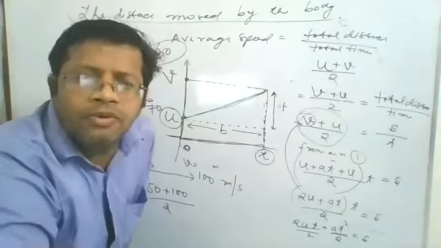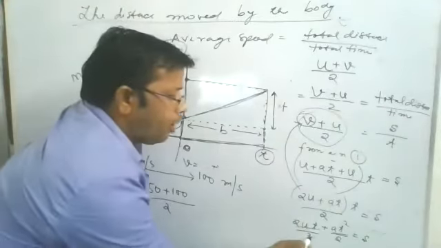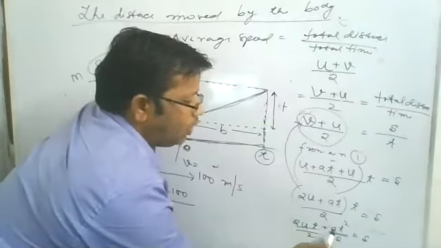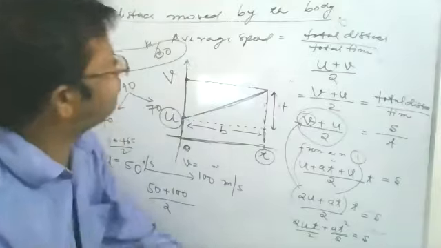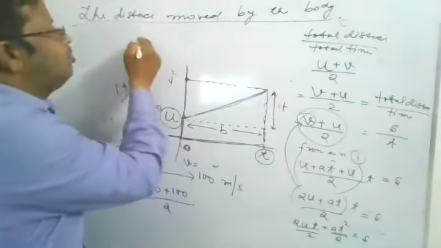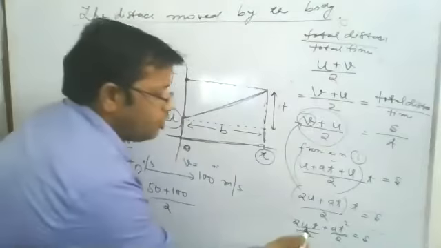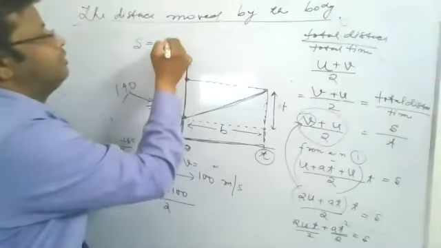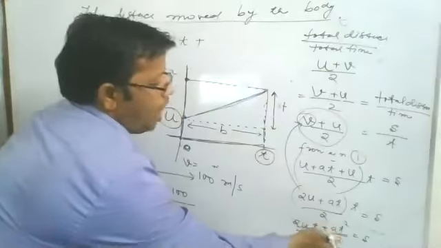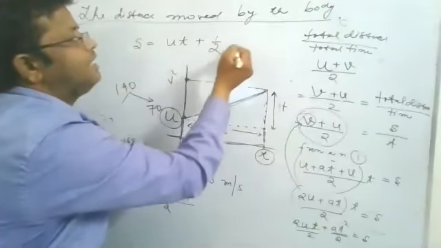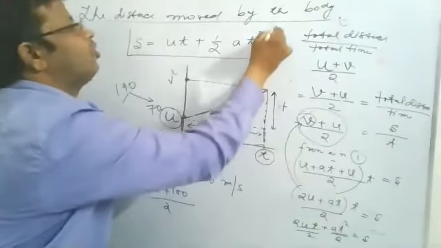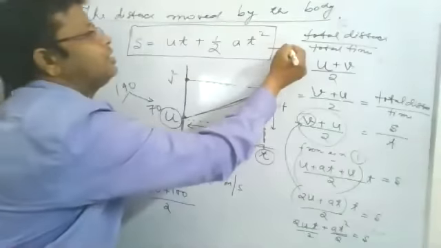Now see here, all of you. 2 upon 2 cancels out, UT, plus 1 by 2 AT squared. So what is the formula for distance moved? We have derived the formula for distance moved as S is equal to UT plus half AT squared.